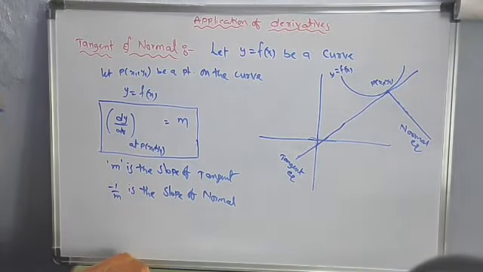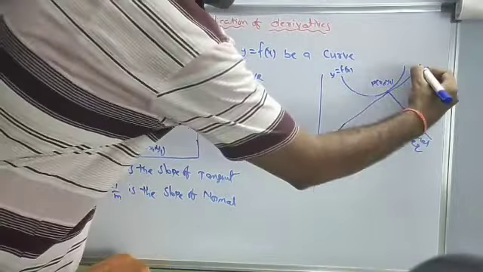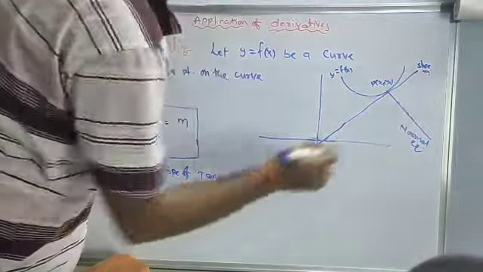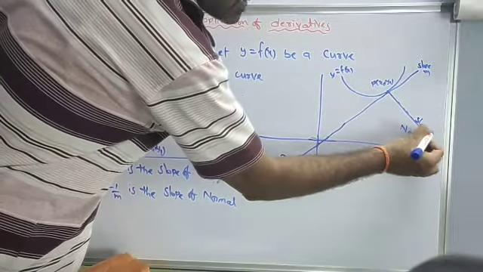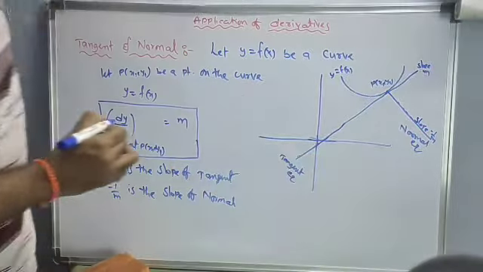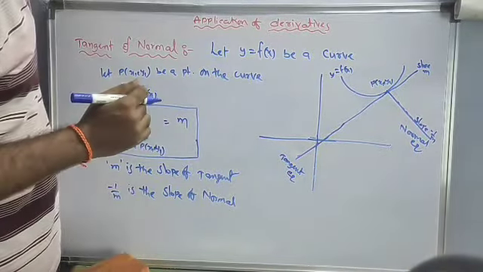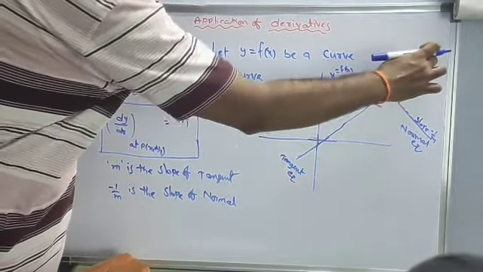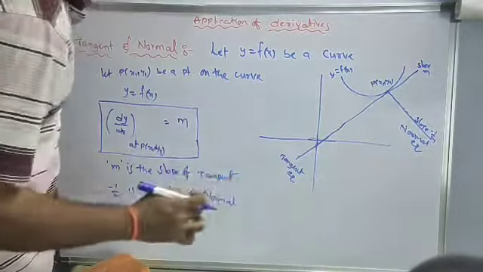So the tangent slope is m, and for this line the slope is minus 1 by m. According to our straight line concept, it is passing through the point P(x1, y1). The slope of the tangent line is m.